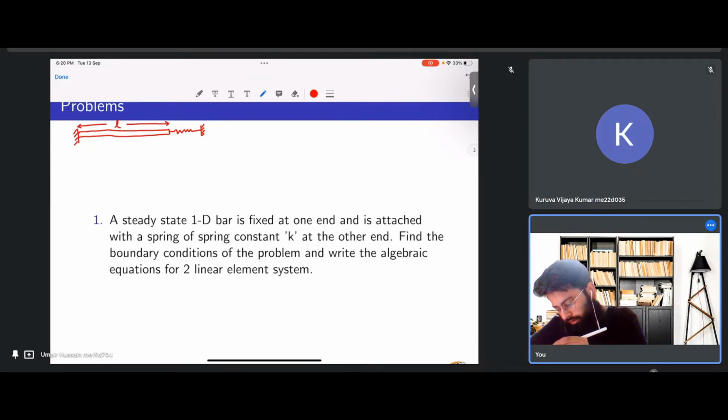And the spring constant is k. Then we need to find the boundary conditions and write the element equations. So first of all, what should be the governing equation of the problem? For a 1D bar, we have the following equation for the axial deformation problem.